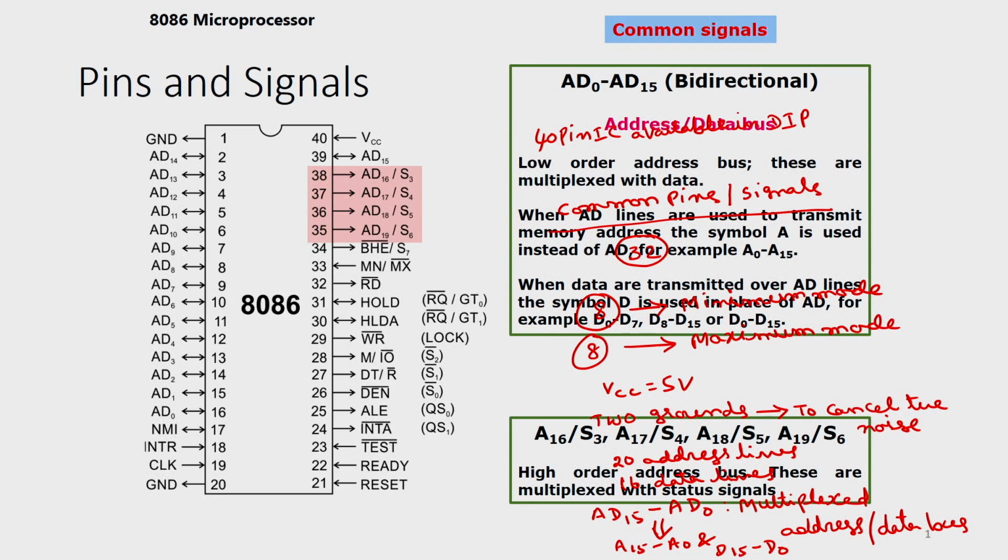Then, in this order, NMI and INTR, which I discussed in the last class. These are two interrupts of the 8086.